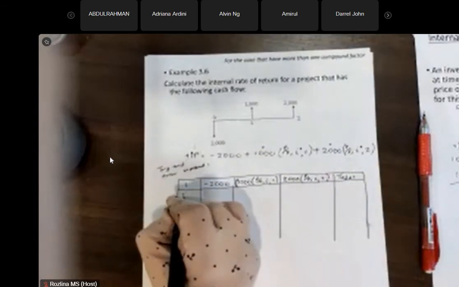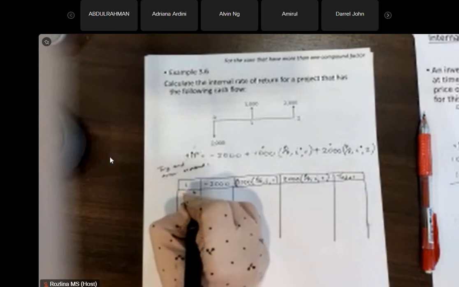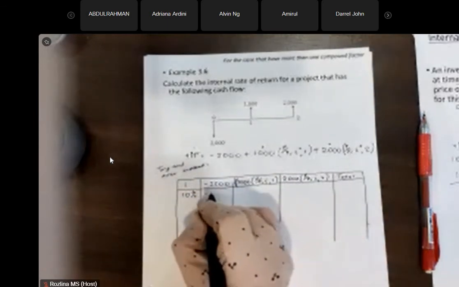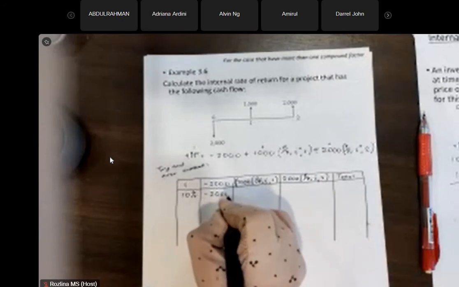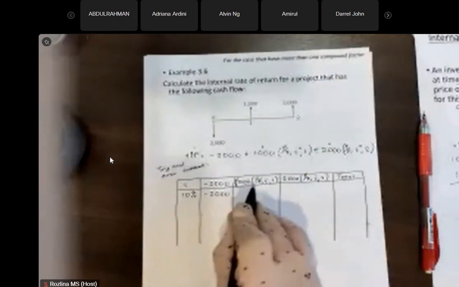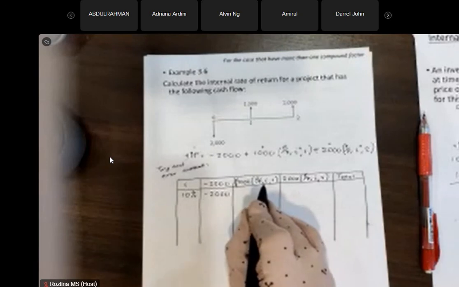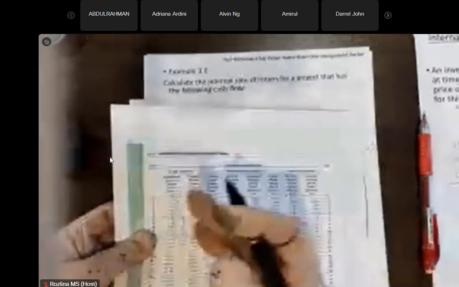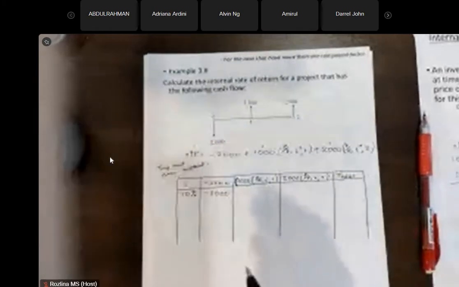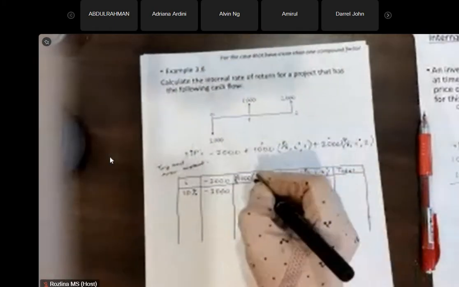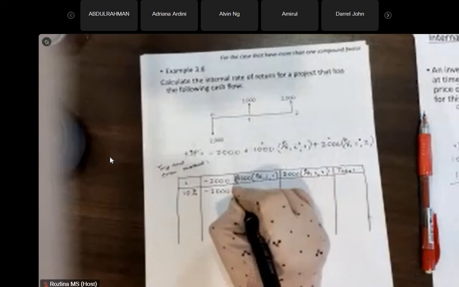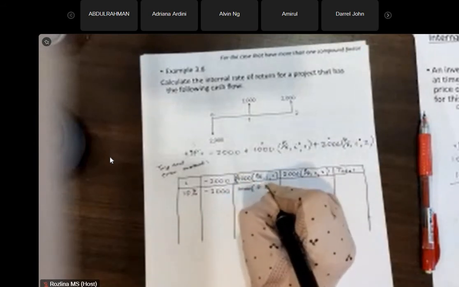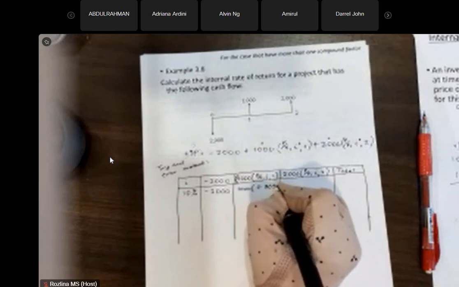So first, let's assume dulu 10%. Okay, what happened if 10%? Yang ni just salin, just copy 2,000. Okay, this one if 10%. So you look at the table. You open the table 10%. So you will get 0.9091 for the 1,000.